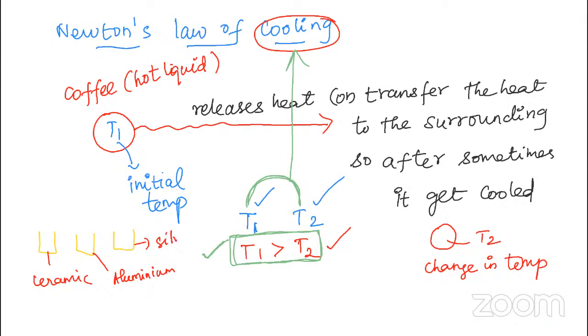Different kinds of vessels are chosen, with the same quantity of hot liquid. So will the rate of cooling be the same for all 3, or will it be different? That is the question.